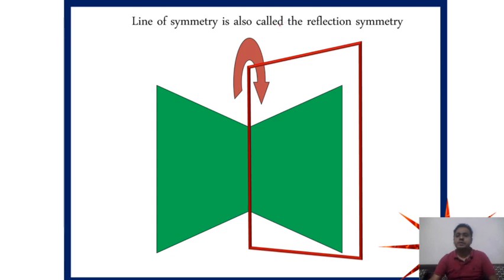Line of symmetry is also called reflection symmetry. After mirror reflection, the shape is also the same, and that's why this is called reflection symmetry.